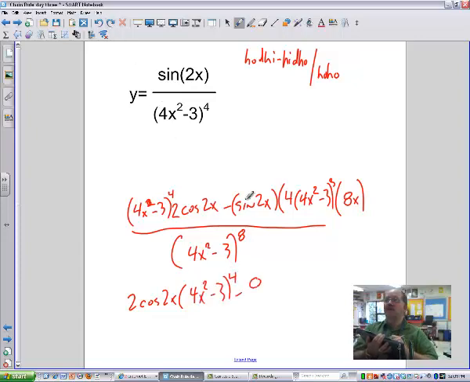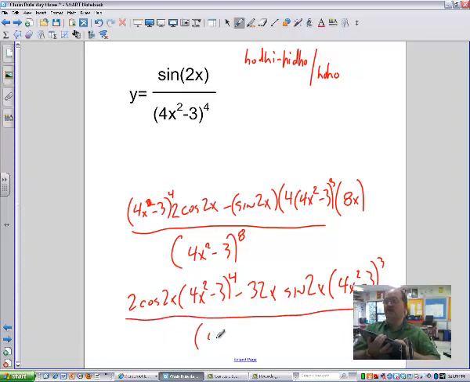How about, edit that out a little later. How about, still in red, 8x times 4, how about 32x times sine 2x times 4x squared minus 3 cubed all over 4x squared minus 3 to the 8th power.